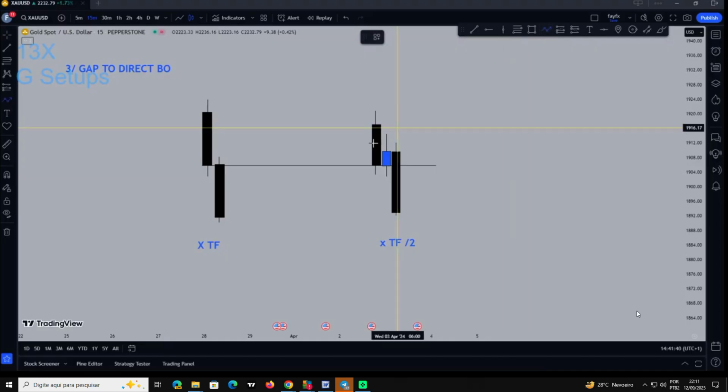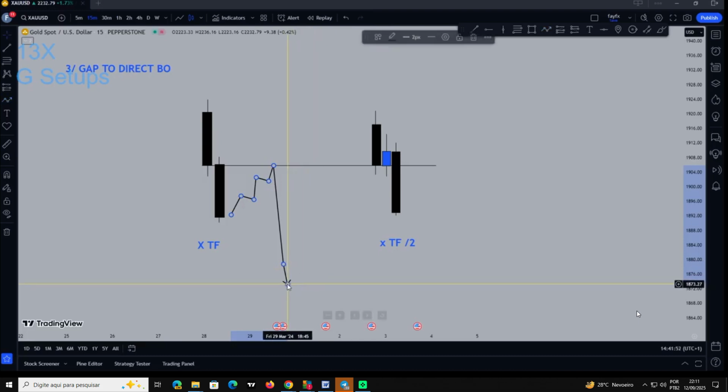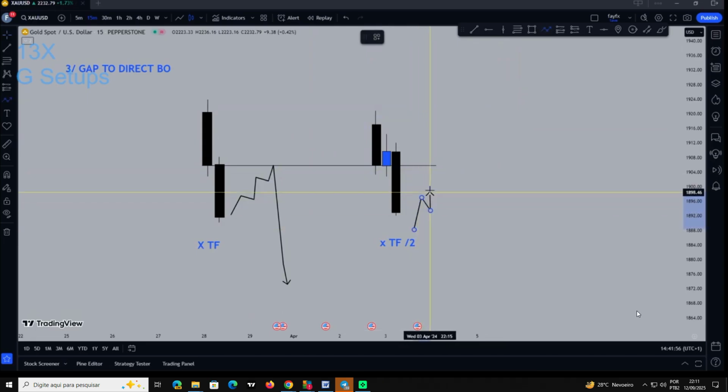Price will visit that level and continue its bearish move, its big aggressive move. Same thing here. Price will go up to the level that got created, a direct breakout, and continue its aggressive move down.